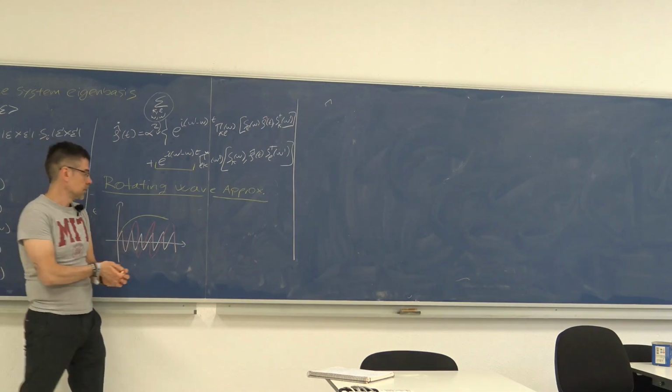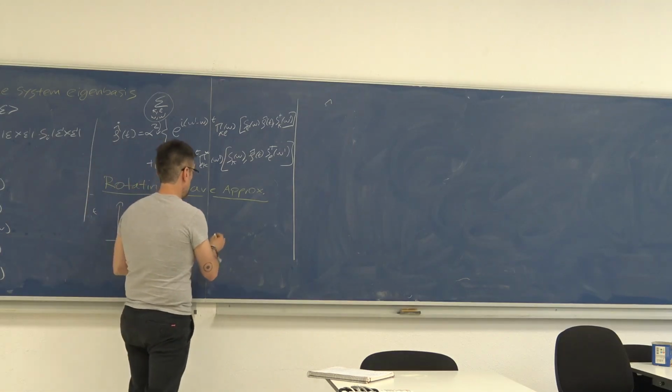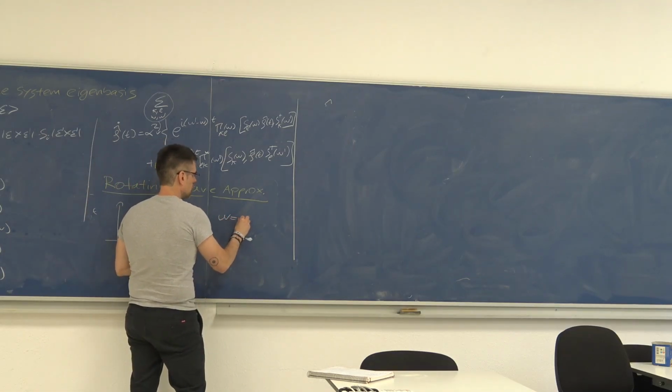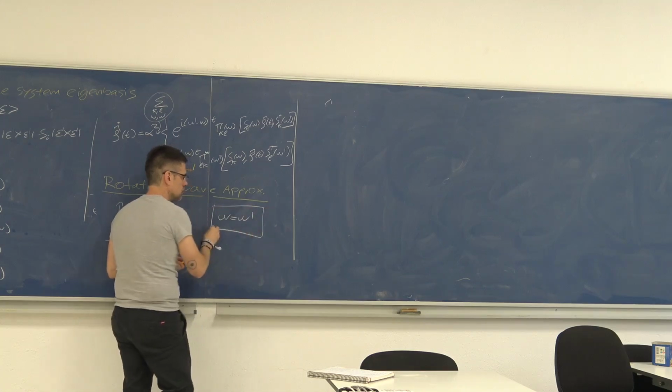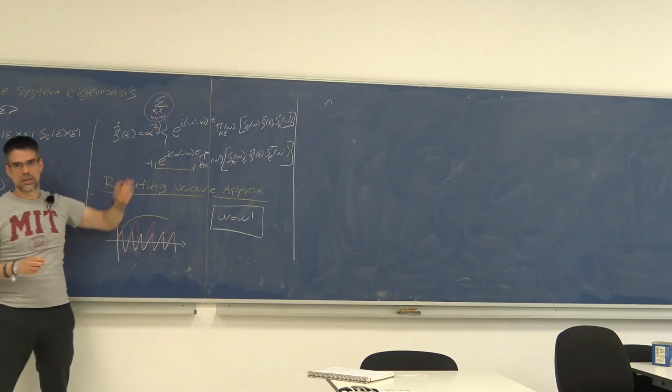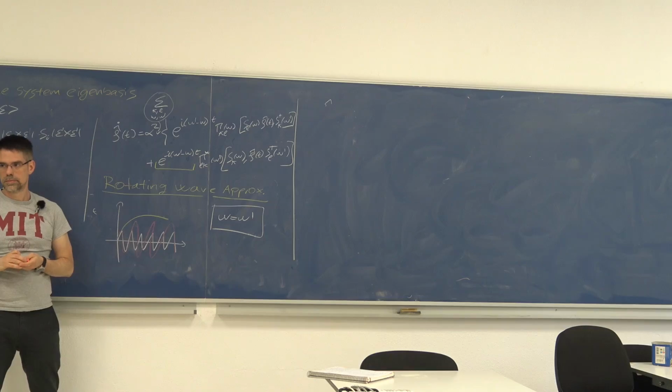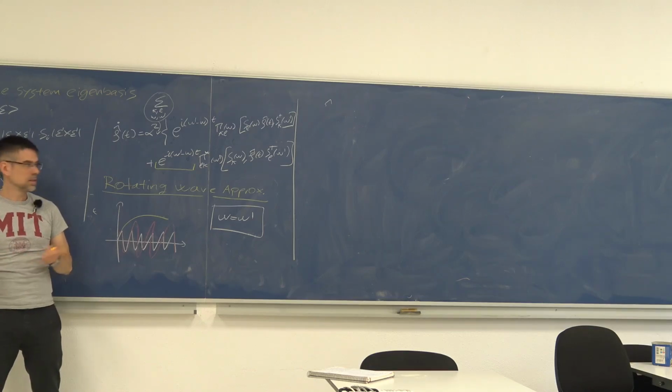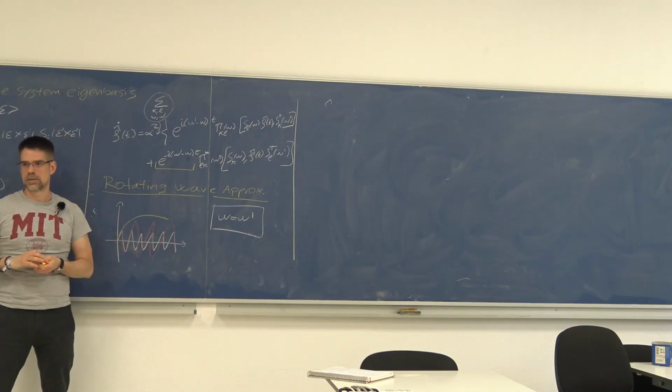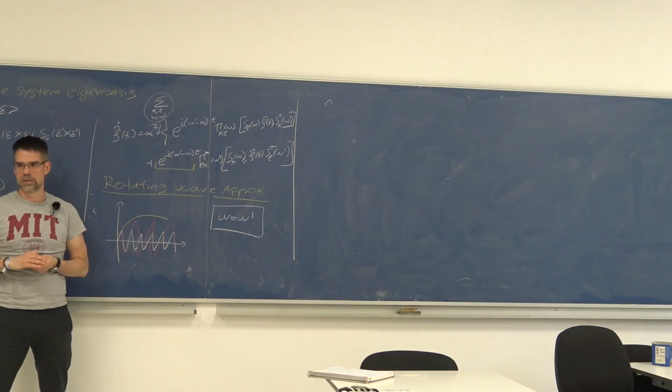And this is the rotating wave approximation that allows us to make omega equal to omega prime and cancel one of these sums. This trick, removing this, is what makes this equation positive, or completely positive.